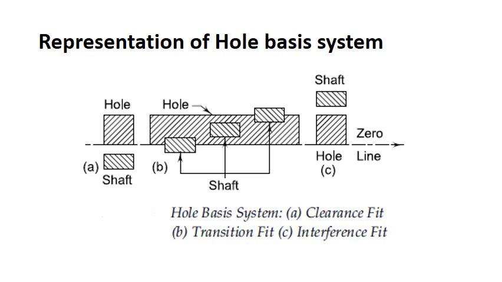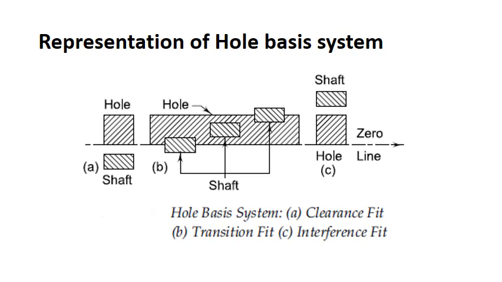In this figure A, the tolerance zone of the hole is touching the zero line, whereas the tolerance zone of the shaft is well below the zero line, which means we have a clearance fit. Coming to figure C, the tolerance zone of the shaft is well above the zero line and off the tolerance zone of the hole. So here we have an interference fit. We need to apply external pressure to create the fit.